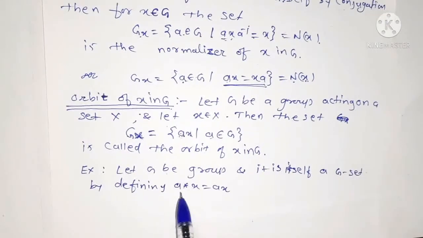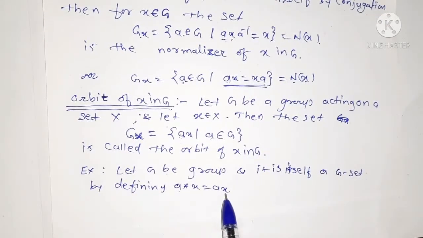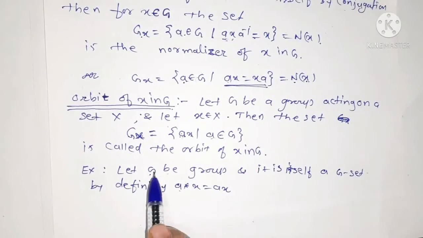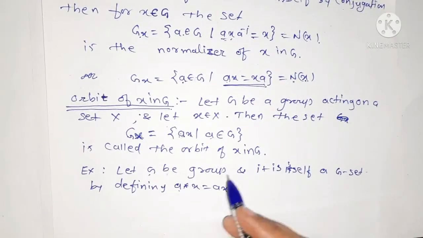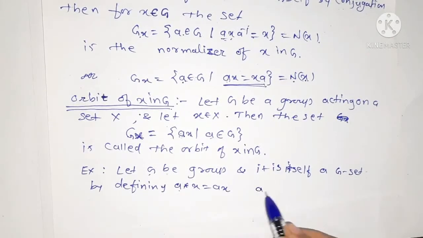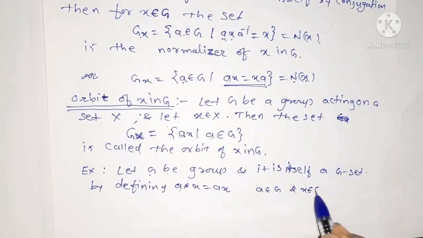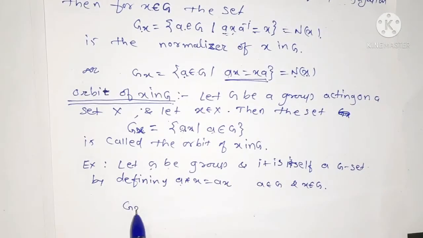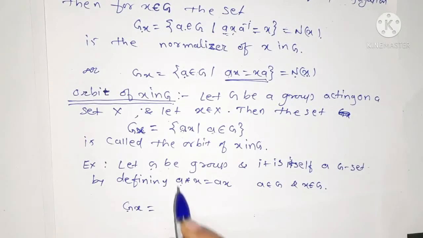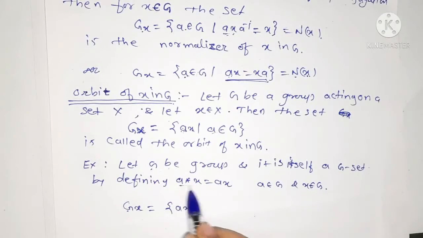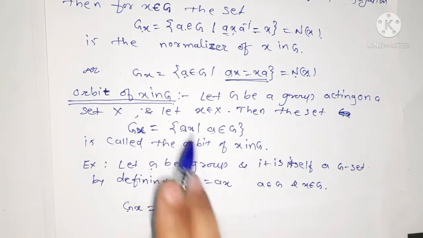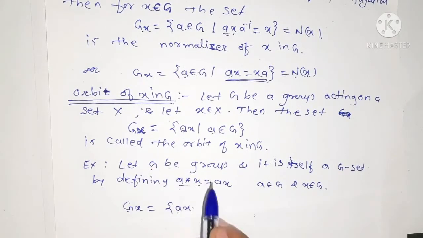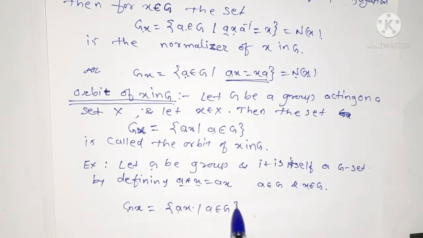This is called the translation action on G itself. So under this action, where a belongs to G and x also belongs to G, what is the orbit? The orbit Gx is equal to the set of all ax, that is, the translation defined on this set G, where a belongs to G.